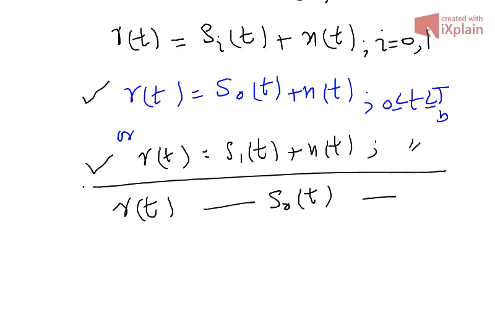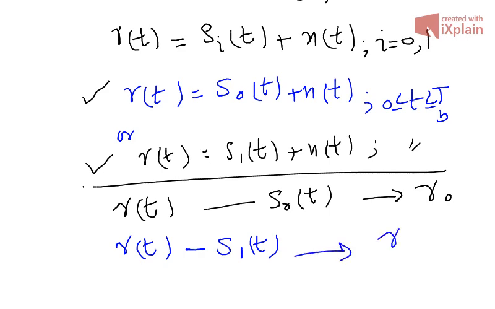Suppose that correlation gives us some value, which I say R0, and we also try to find out the correlation of r of t with S1 of t, and that correlation gives us a value R1. Now based on this R0 and R1, the detector would decide whether the signal is S0 or the signal is S1.